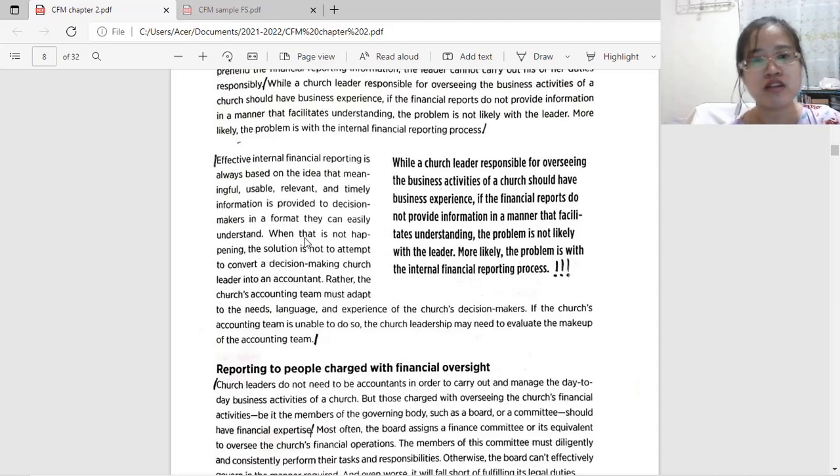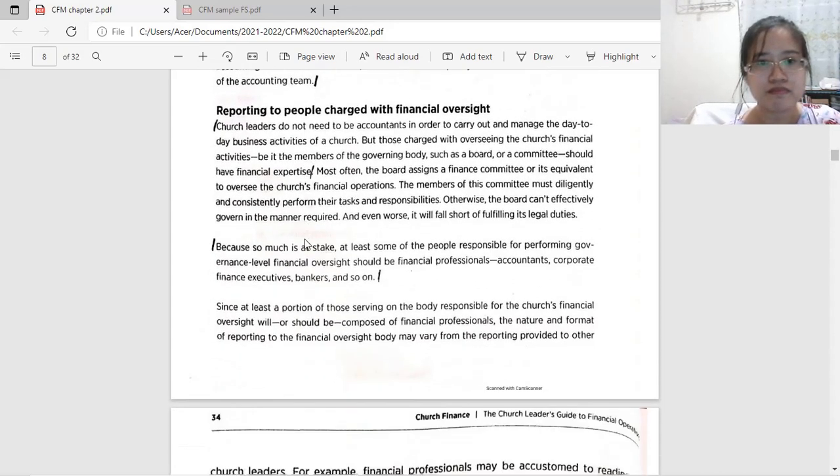If it's garbage input, garbage output, so you have to make sure that the basis of the decision is accurate, timely, and relevant, right?